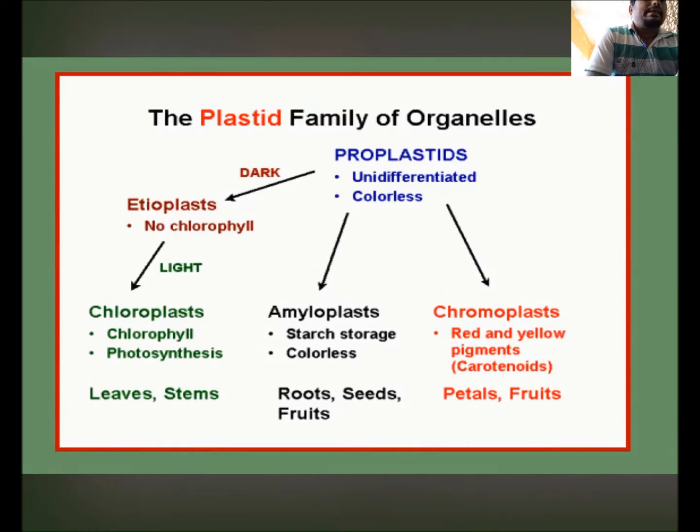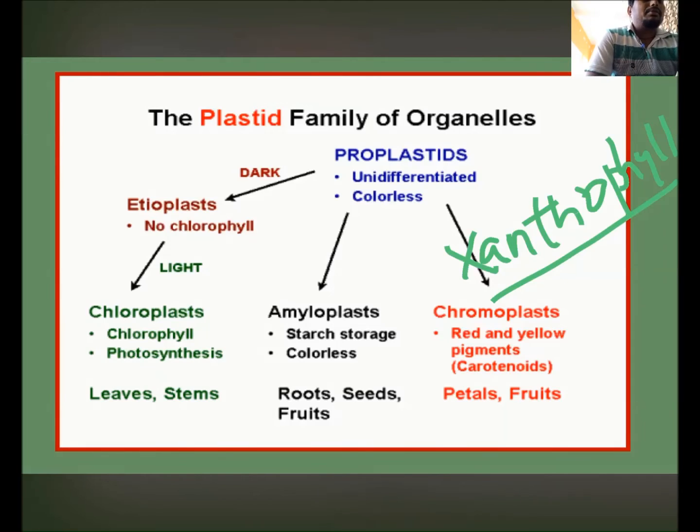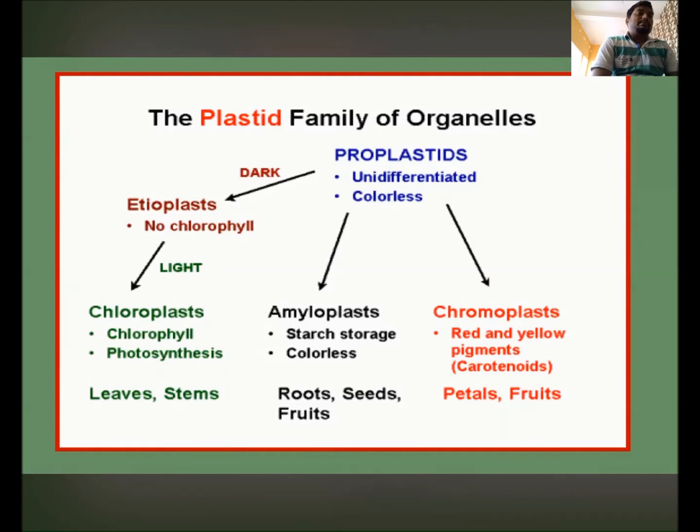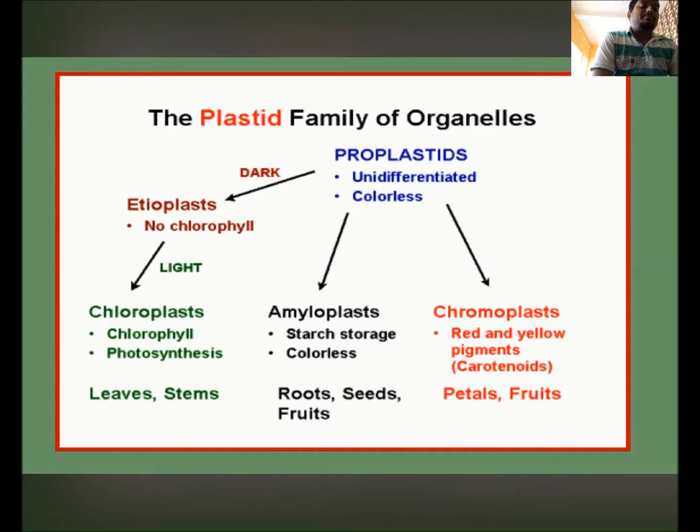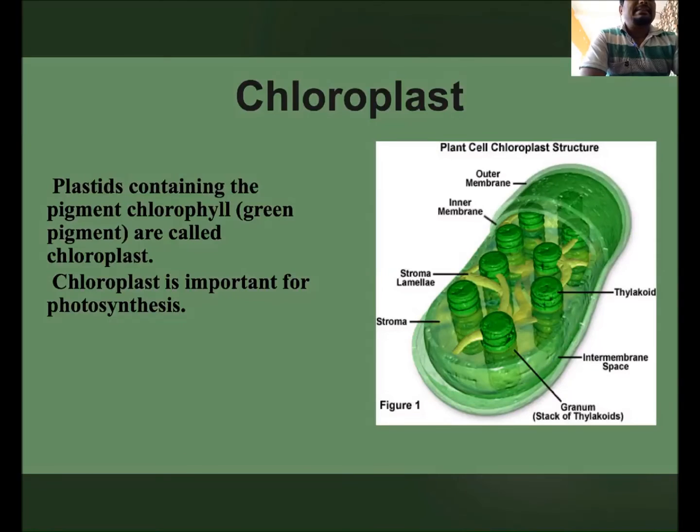Carotenoids are yellow in color, and xanthophyll is one more chromoplast, present in the flowers or fruits, which makes them look yellow. So these chromoplasts are present in petals of flowers and fruits. It gives a different color to the petals and fruits.